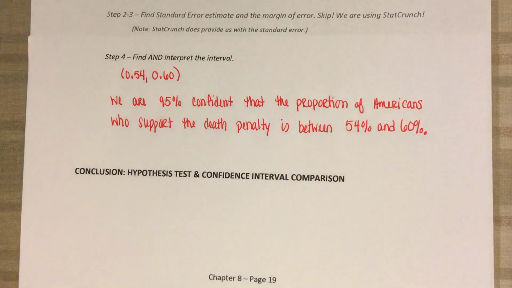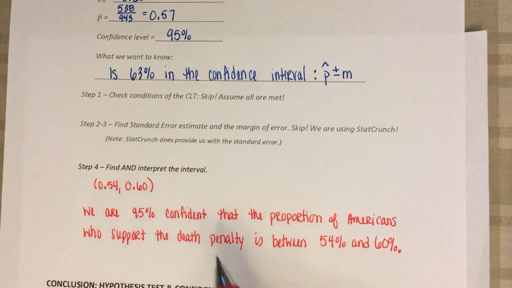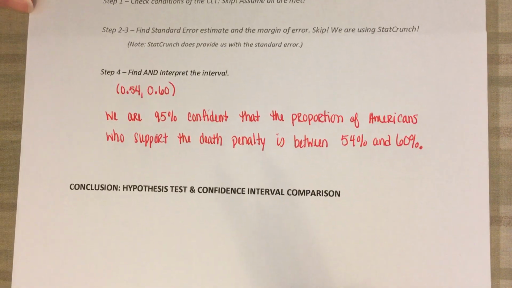So what does this mean? What were we looking for? We were asking, is 63% inside our confidence interval? If we look at our confidence interval, it has values that are lower than that.